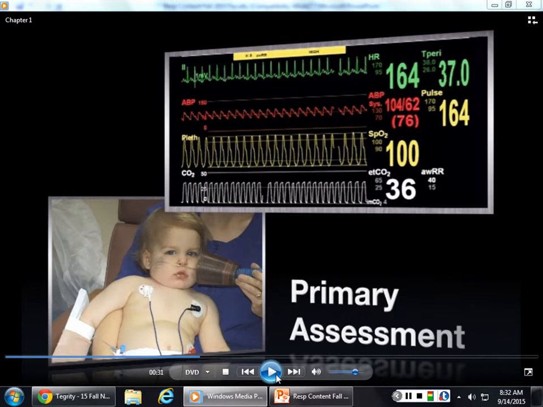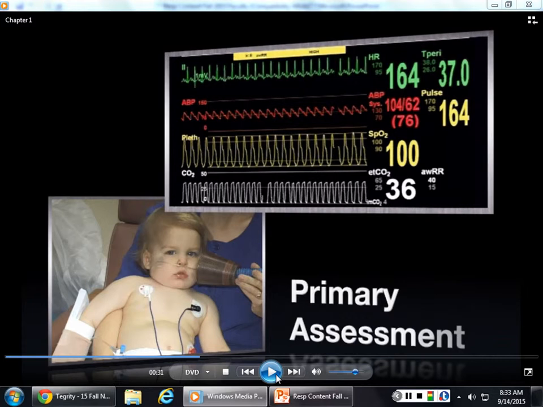And the deal with children is you're looking at small capillary beds. So a better place to check that is more centrally. When you're looking at capillary fill, for example, it may be more accurate to do it more centrally, like on a thigh or groin area, somewhere on their abdomen, than peripherally, because they may look like they're perfusing here and they're truly not.